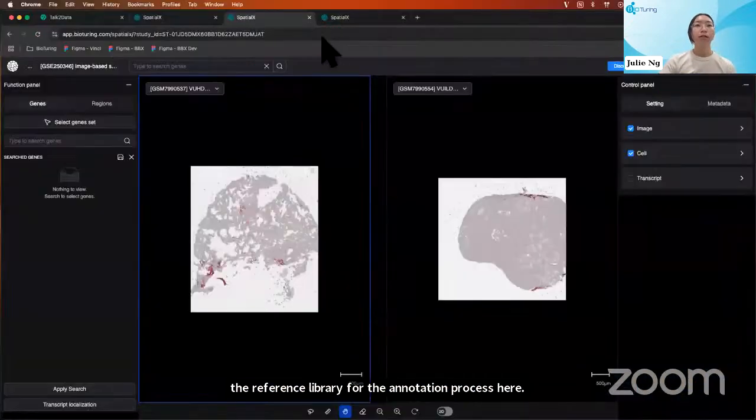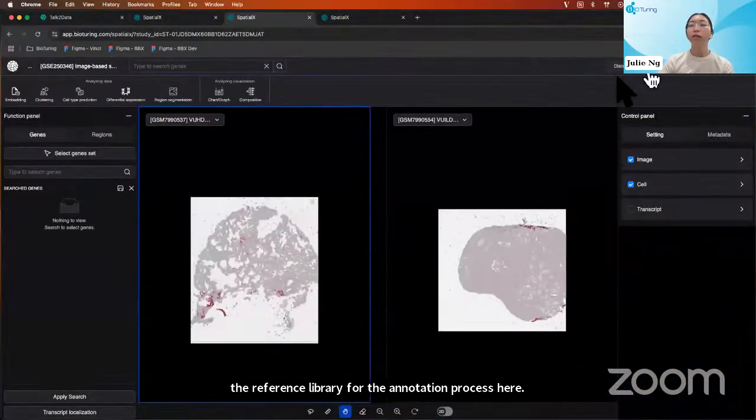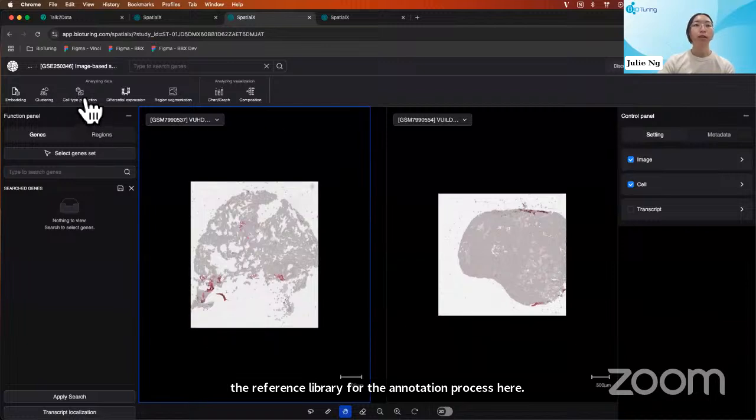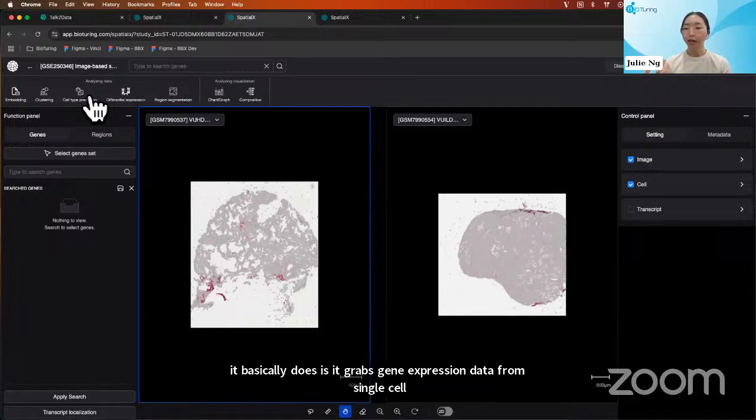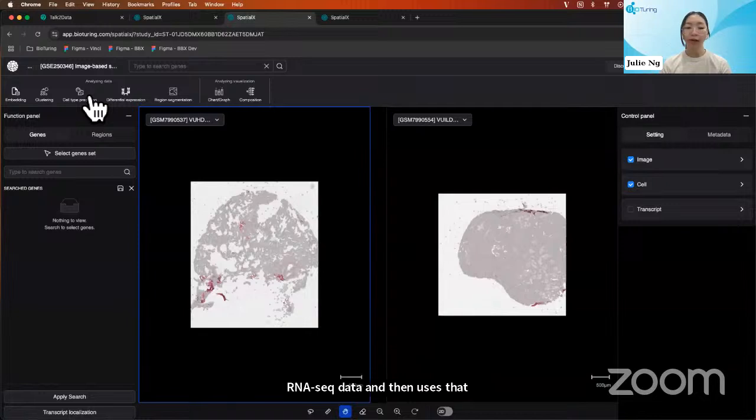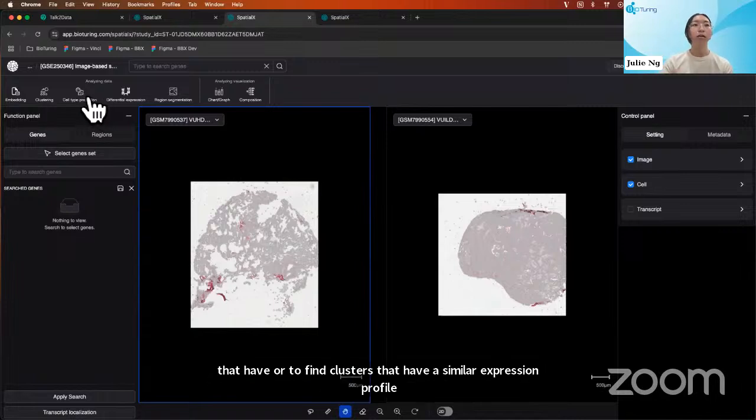I can give you a little bit of a demo to show you how to perform cell type prediction via meta-reference. What this way of cell type prediction basically does is it grabs gene expression data from single cell RNA-seq data and then uses that expression information to find clusters that have a similar expression profile as the clusters that we see here in our images.